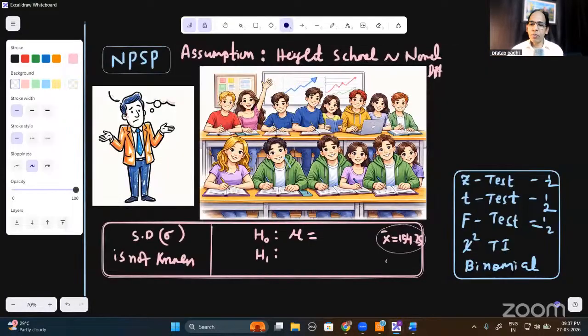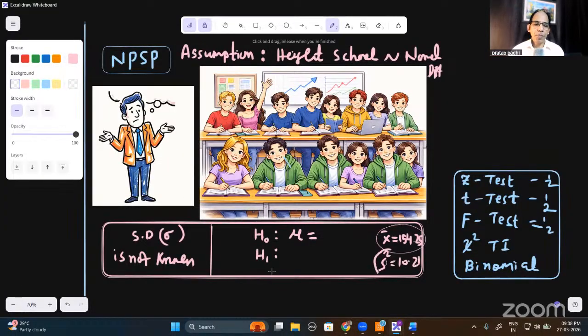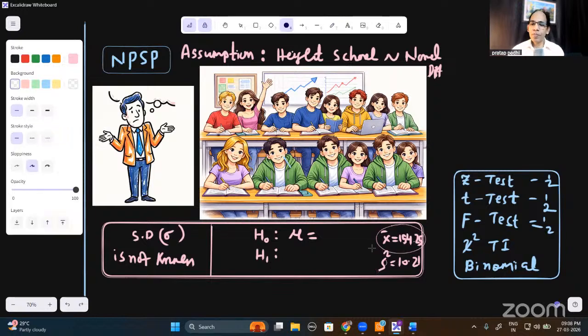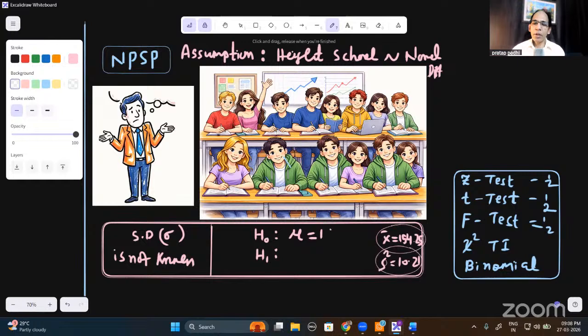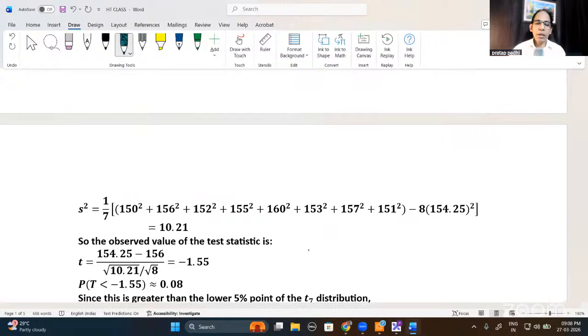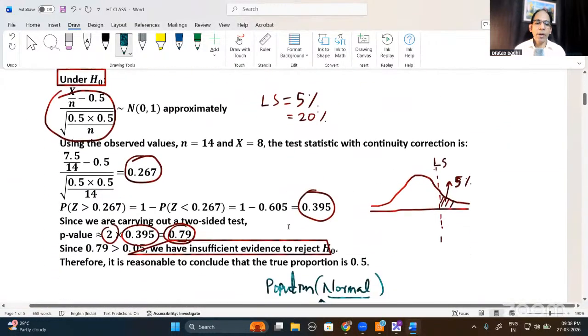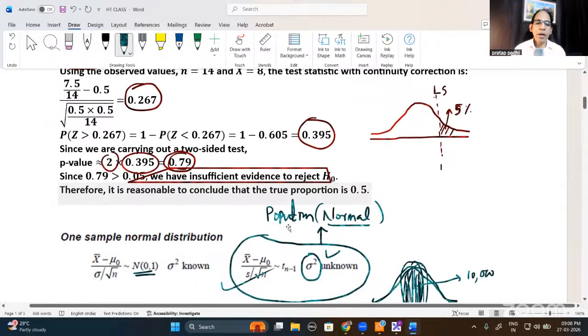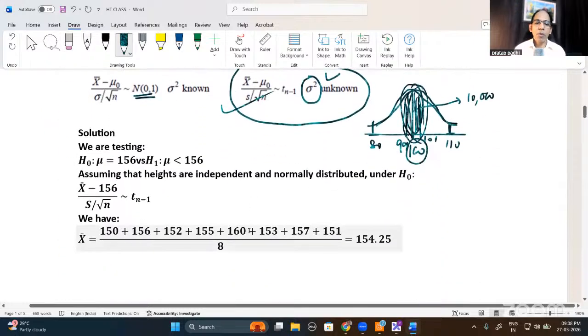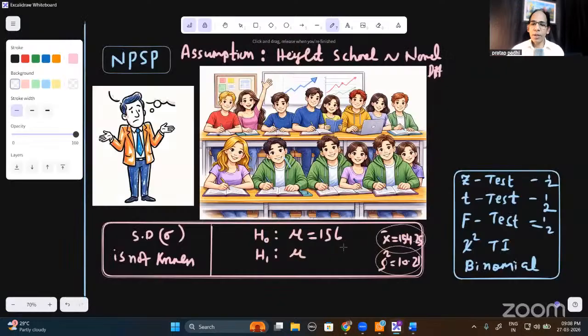We need these two. So using these two, you will be able to test the hypothesis whether mu is equal to 156 or not. We are checking here mu less than 156.